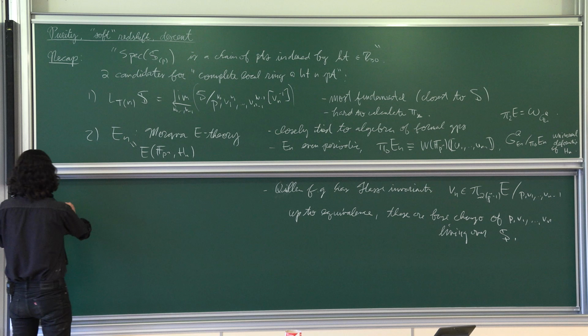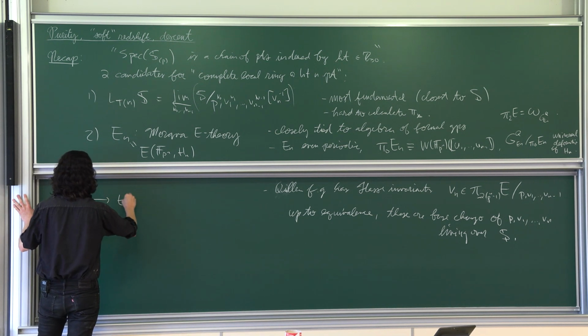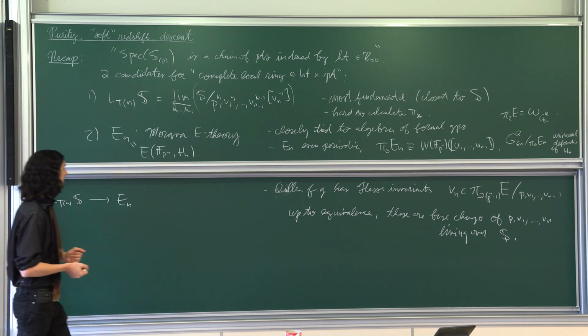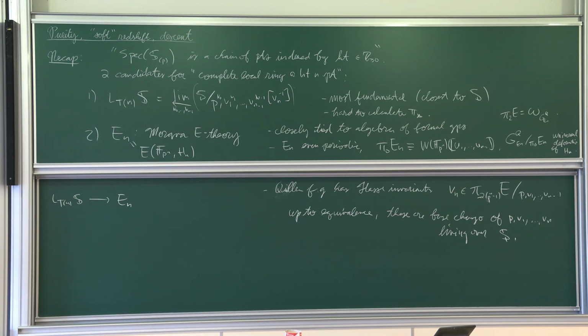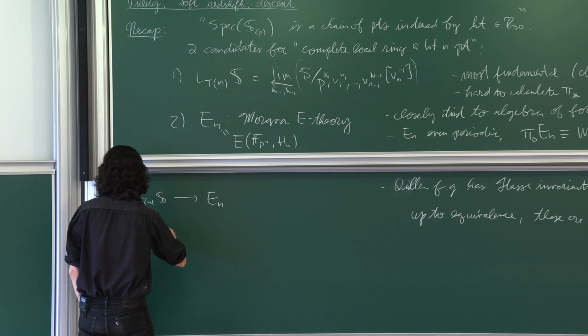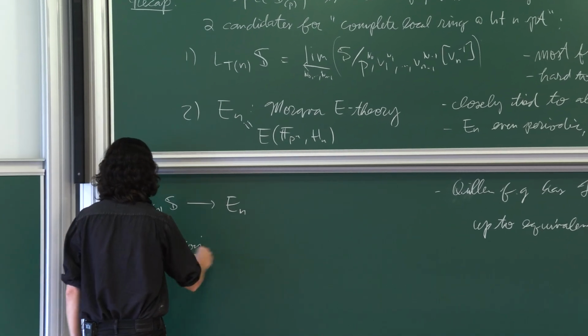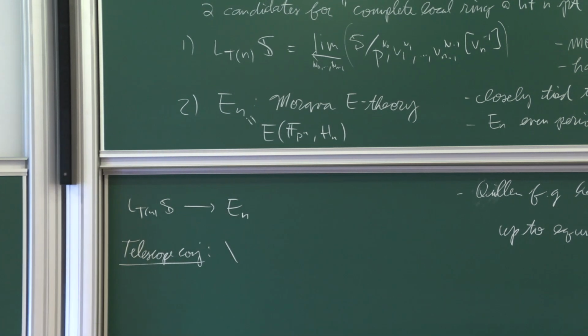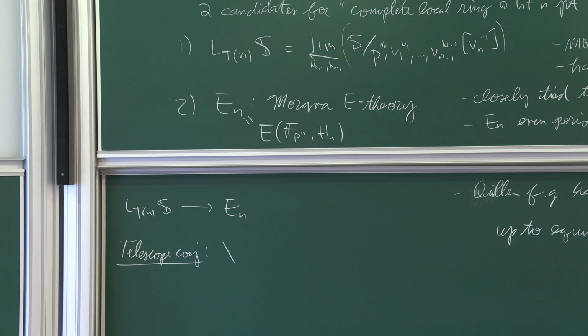Well, there's certainly a map. So we have the L_{T(n)} sphere. E_n is T_n-local because, by definition, it is (p, ..., v_{n-1})-complete and v_{n-1} acts invertibly because this was a height n formal group. And there we had this telescope conjecture. If you consider the map itself, it sends 1 to 1 in π_0.